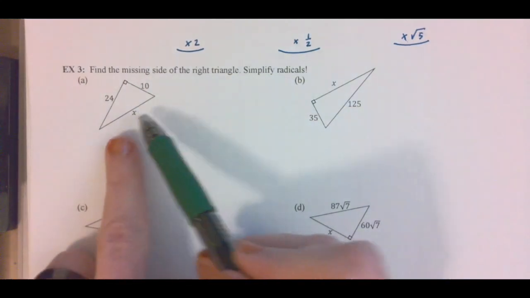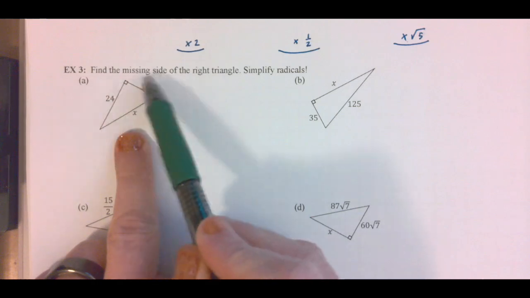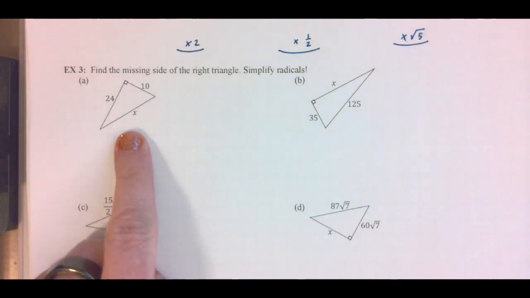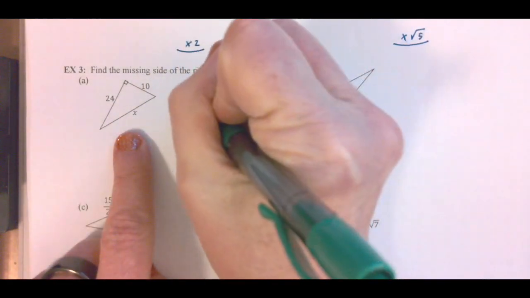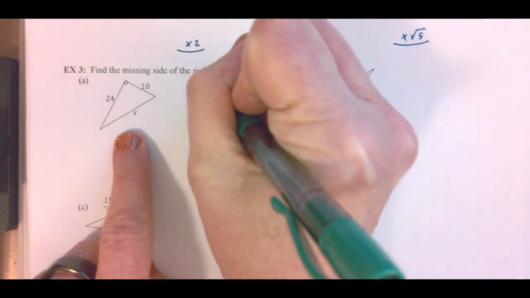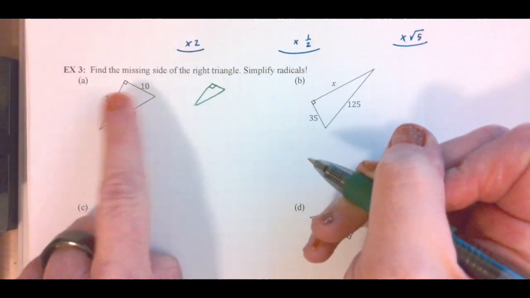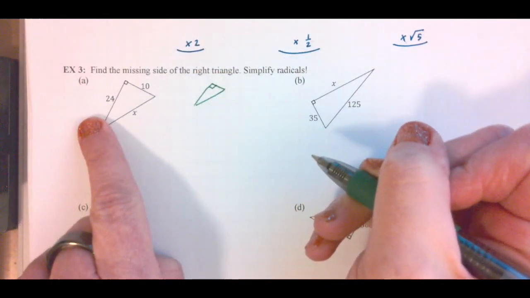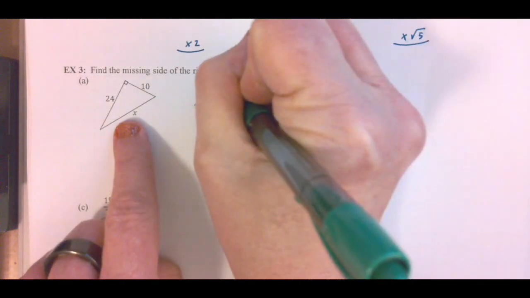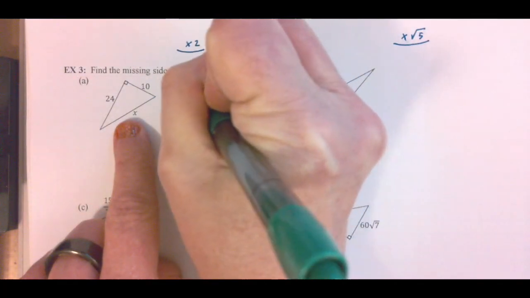So when I look at this first one, I can see that these 2 legs, I could shrink it down. Let's say that I visualize it shrunk down. I could divide the 10 and the 24 by 2. That would make this 5, and this would be 12.